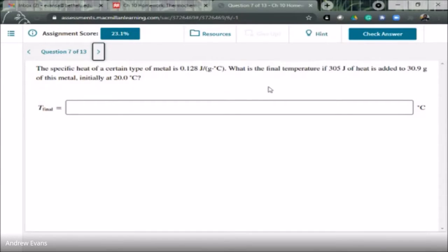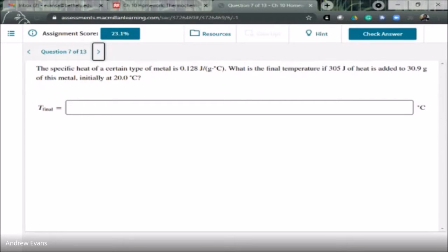Okay, this one, once again, I might not do this one, but what is the issue here? The issue here is that they give you the heat capacity, the mass, and the heat flow, Q. And they are asking for the final temperature. Rearranging your equation, you can find the change in temperature.